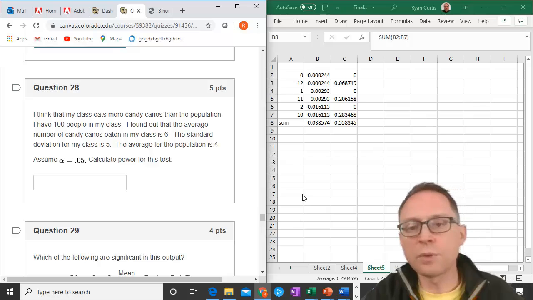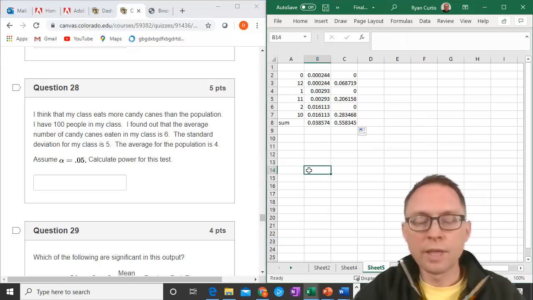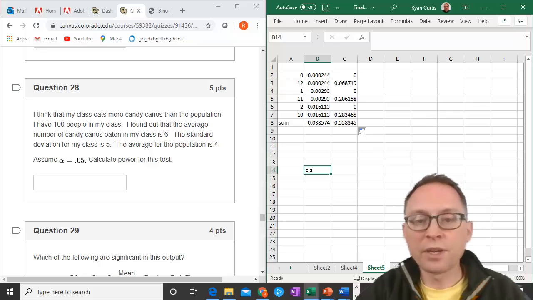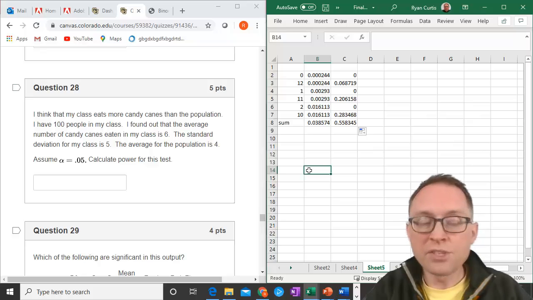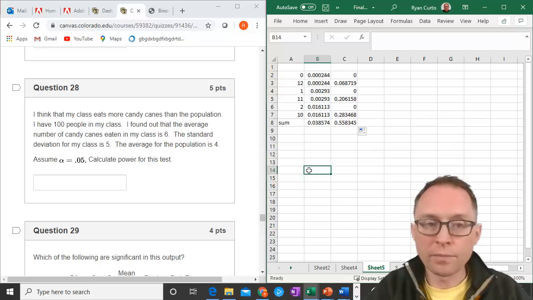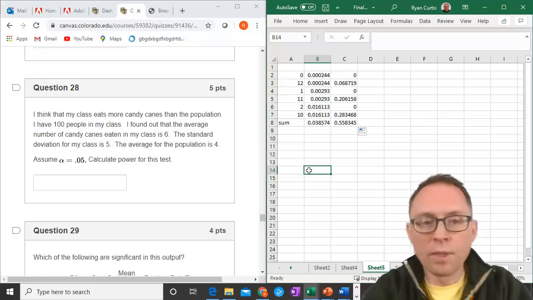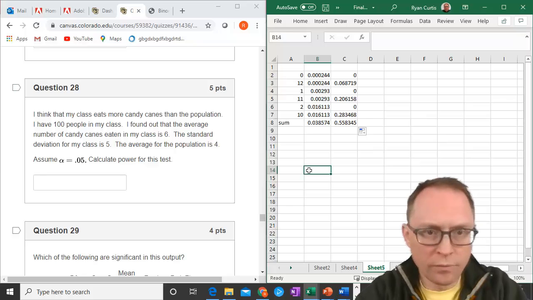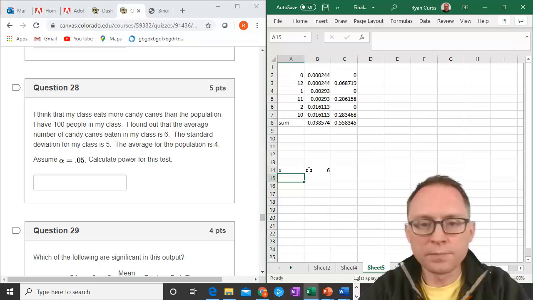All right, so for this one, we need to do a single sample t-test. That is going to be x bar minus mu divided by the standard deviation, but not the standard deviation of x bar. So it's going to be the standard deviation divided by the square root of n. Okay, so let's go ahead and do that first. So for my class, x bar is 6.